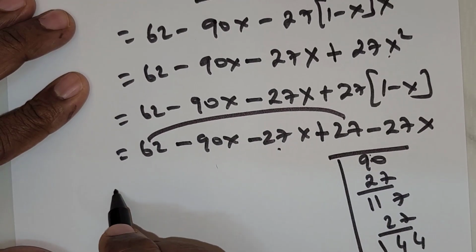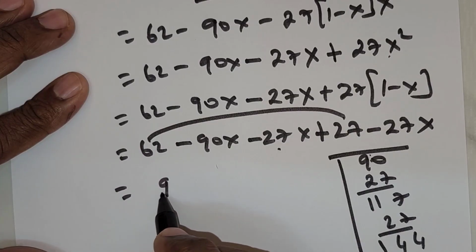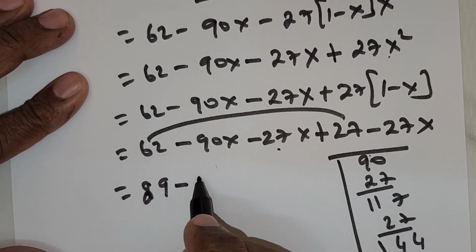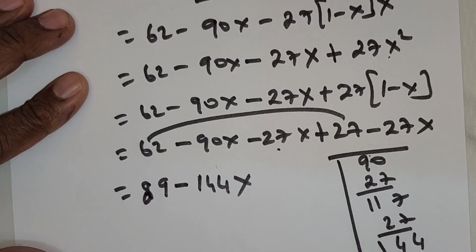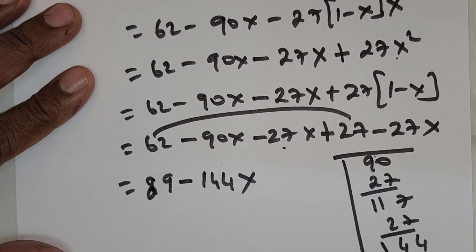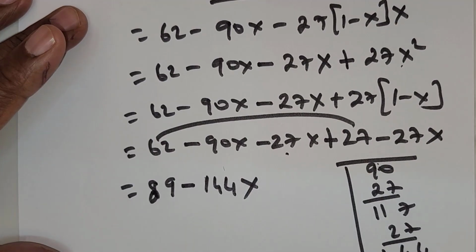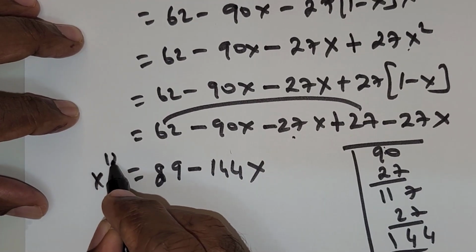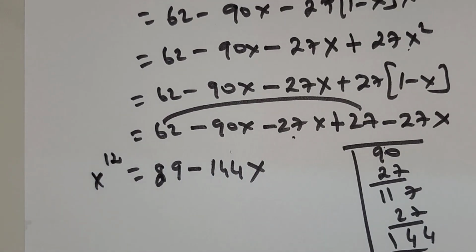This and this can be added, so this will give you 89 and followed by 144x. This is what we have got. Now we have to complete the final step.